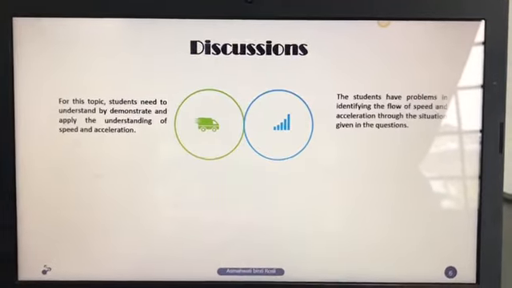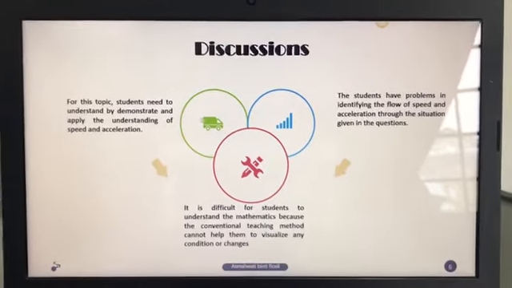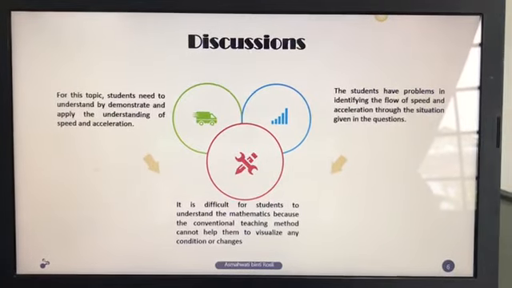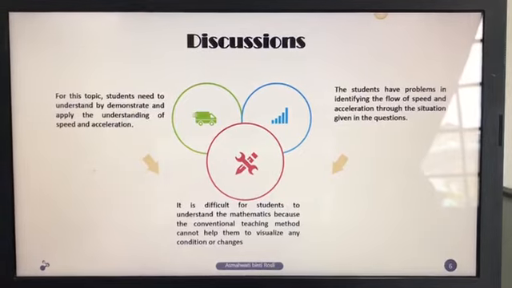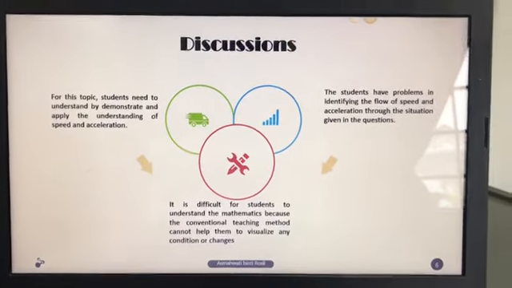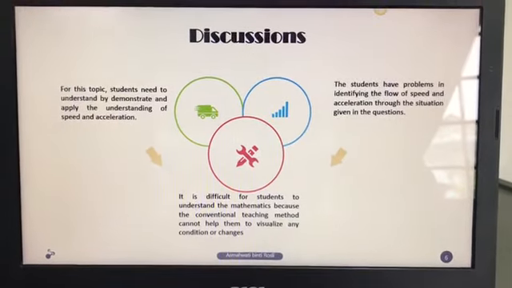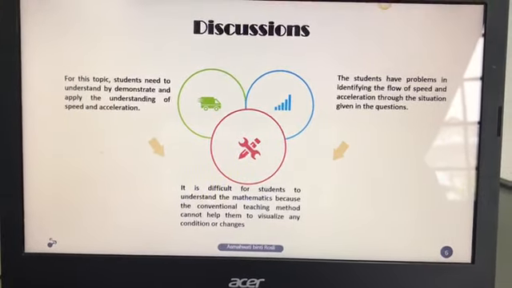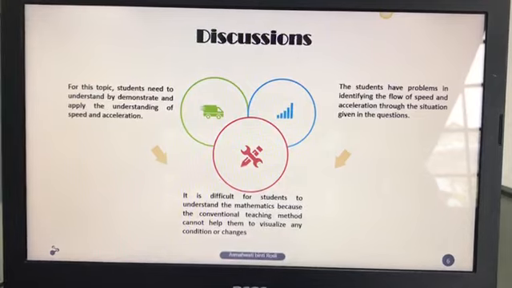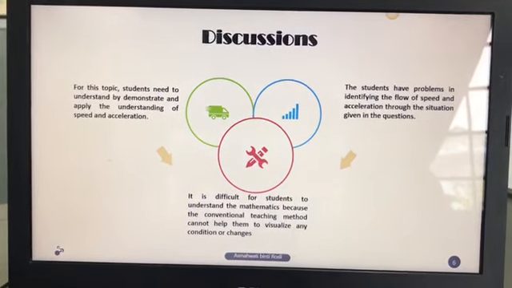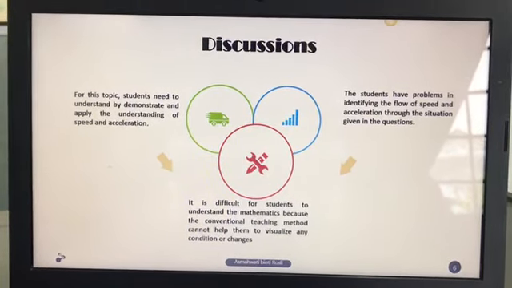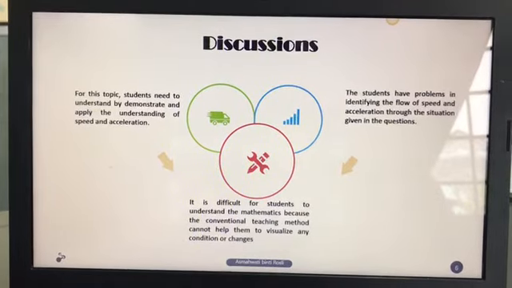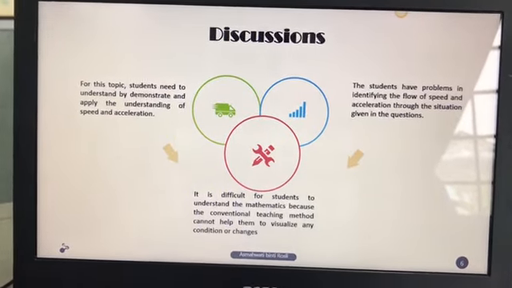For our discussion on this topic, from the result, speed and acceleration was chosen to develop the motion visual laboratory module in learning speed and acceleration, instead of the topic which has the highest mean score. Students need to understand by demonstrating and applying the understanding of speed and acceleration.